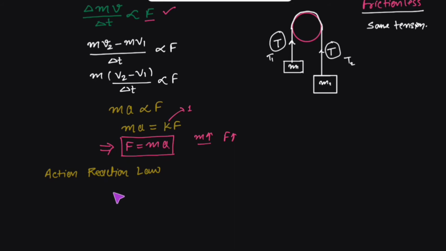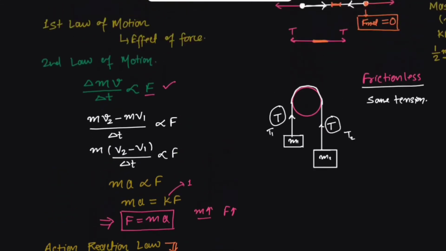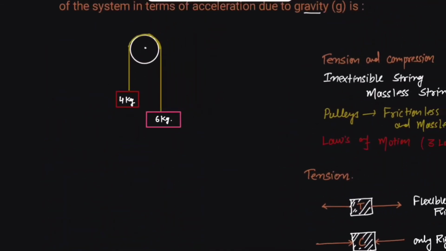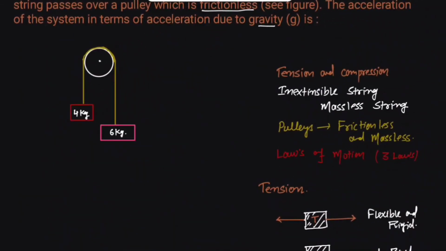So in simple form, if a body A applies some force on body B, then body B applies an equal and opposite force on body A. This is by definition Newton's third law. So we have discussed all these three laws, the basics. Now let us solve the question in terms of Newton's second law.